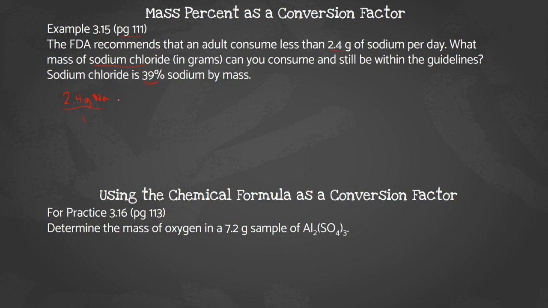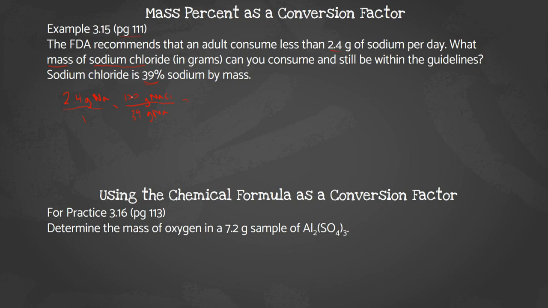Put this over 1. I need grams of Na on the bottom and grams of NaCl on the top because it wants to know what mass, that's grams, of sodium chloride can we eat. So we just said percentages, that's 39 Na's in 100 NaCl's.